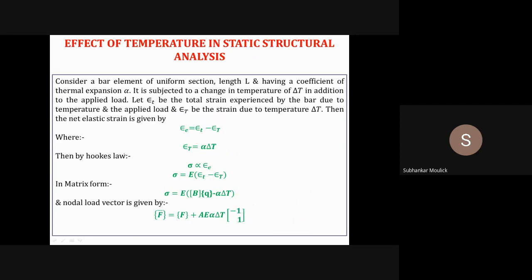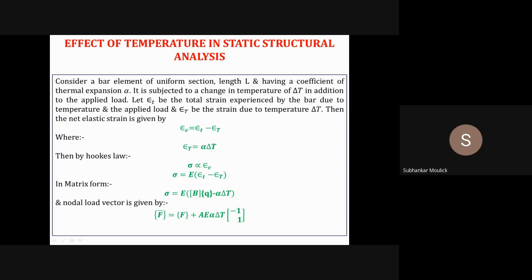Then by Hooke's law, since we are talking about static structural analysis, Hooke's law says that within the elastic limit, stress is directly proportional to strain. Epsilon E is the total strain present in this bar due to change in temperature delta T. So stress is equal to a constant of proportionality, capital E, times the total strain epsilon E, and this capital E is your modulus of elasticity.